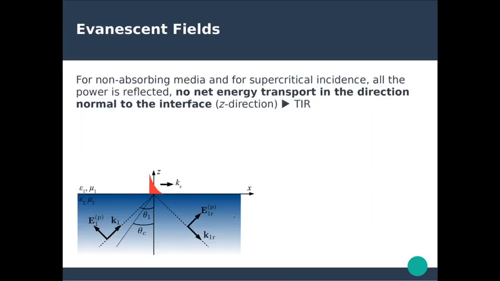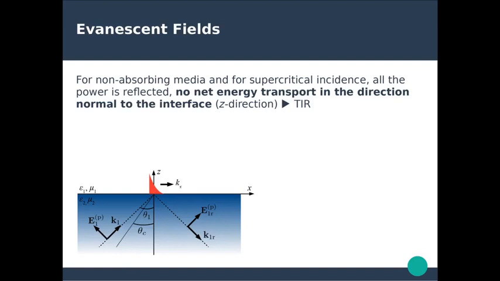For non-absorbing media and for supercritical incidence, when the angle of incidence is larger than the critical angle, there's a total internal reflection. So all this electric field will be reflected.